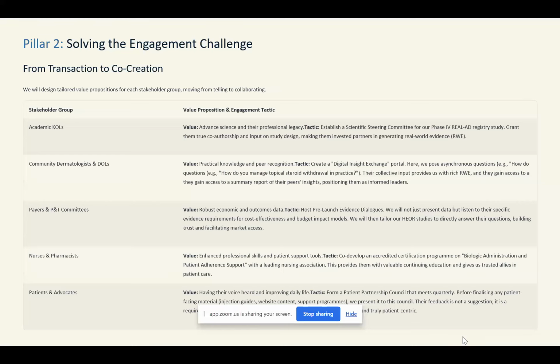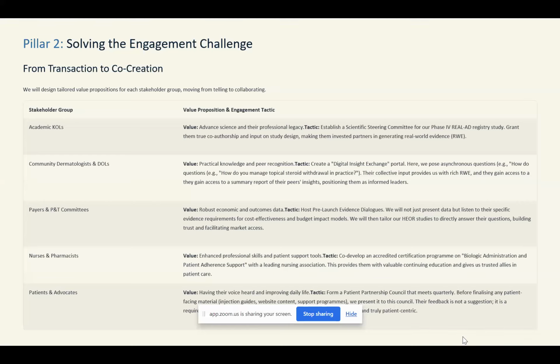So you need to plan hosting a pre-launch evidence dialogue with this group. You need to tailor health economic outcome research studies, and these things will help them have a meaningful dialogue. They may also support you, especially when they are taking the informed decision of which drug needs to be included in the tender process and so on.